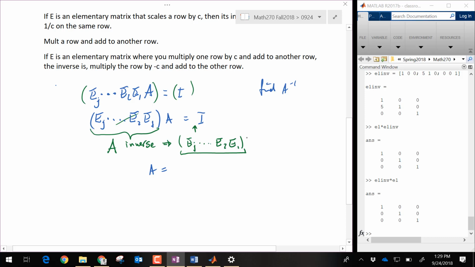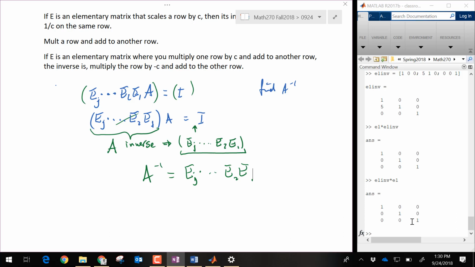A inverse is exactly these elementary matrices multiplied together. Totally missed that. So A inverse equals EJ times ... E2, E1. All right, so that's interesting.